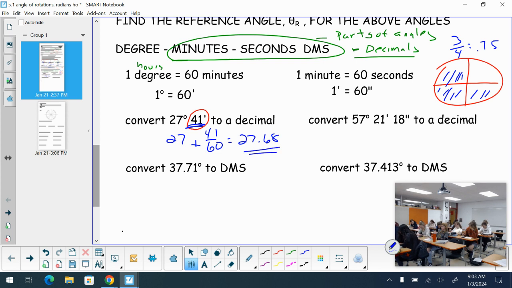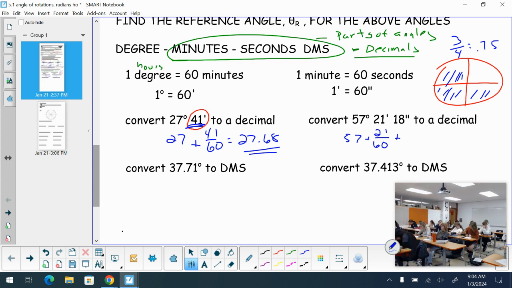If I take a look at minutes and seconds, we have the 57 degrees and 21 minutes, which we can deal with like that. But how do I deal with the seconds? You put over 3,600. Why 3,600? That's 60 squared. How many seconds are there in a degree? Think of it as how many seconds are there in an hour. There are 60 seconds in a minute, and 60 minutes in an hour, so 60 times 60.